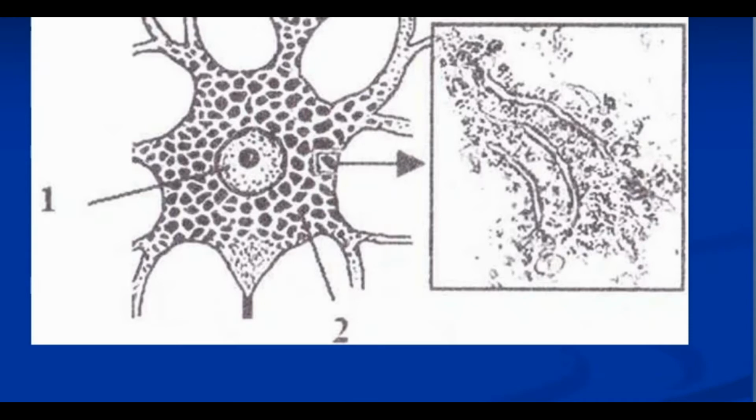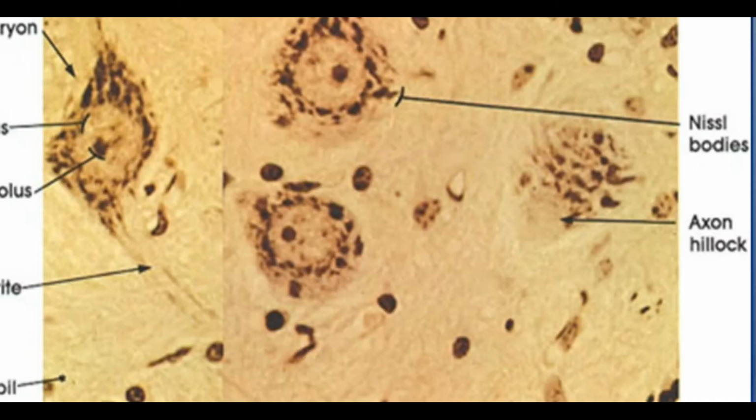Cell bodies are situated in the gray matter of the CNS and in sensory and autonomic ganglia outside, in the PNS. CNS means central nervous system. PNS means peripheral nervous system.